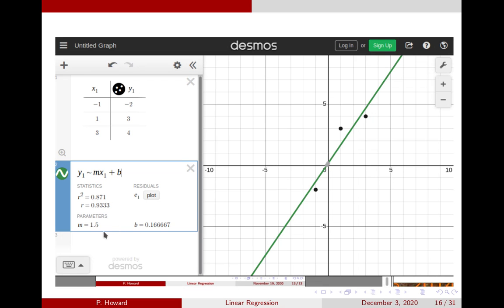For the moment, we are mainly interested in the value of m, which is 1.5, as I said before, and the value of b, which is 0.166667. These are the slope, 1.5, and the y-intercept of the linear function that fits the data best.